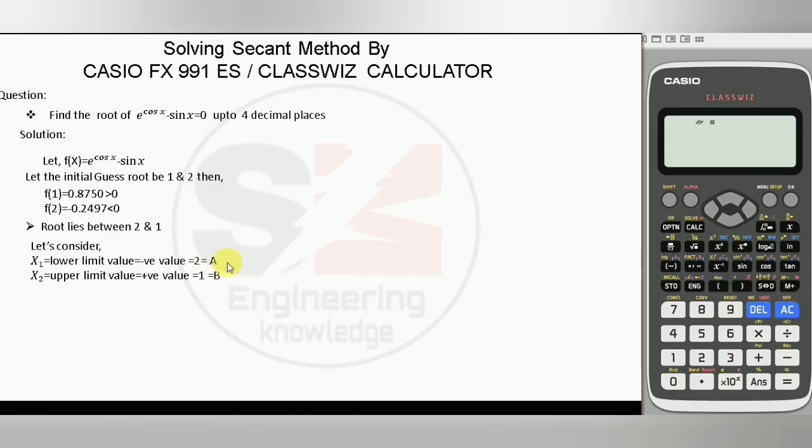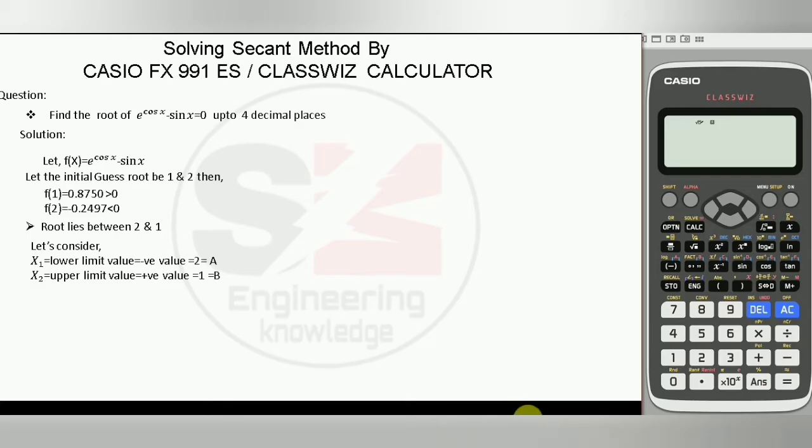The variable a will help us to make our calculation easy in this calculator. Then x2 is equal to the upper limit value, that is the positive value. The positive value is due to the value of x, that is 1. Then 1 is equal to the variable b.